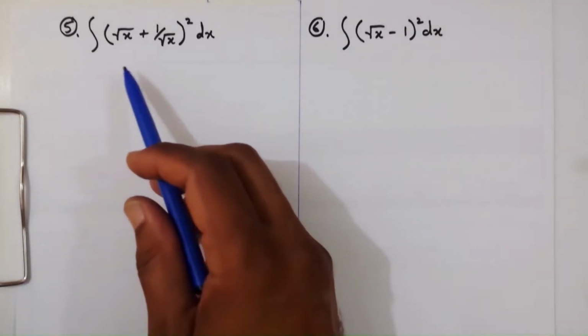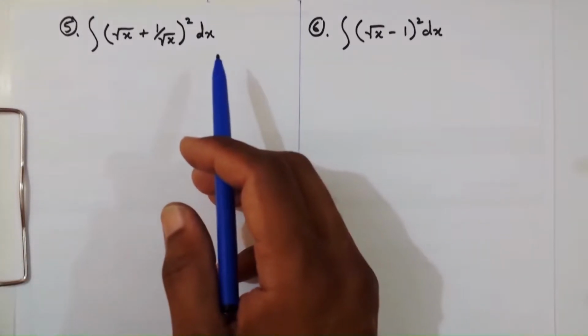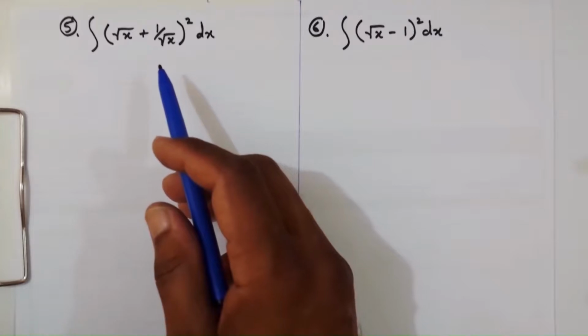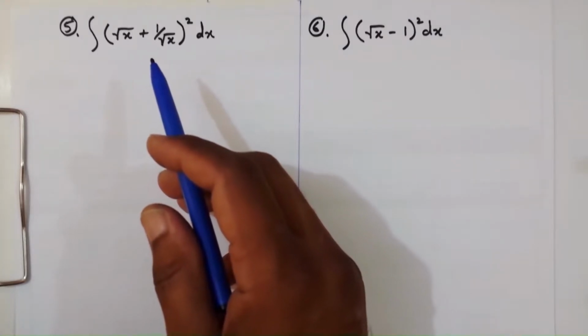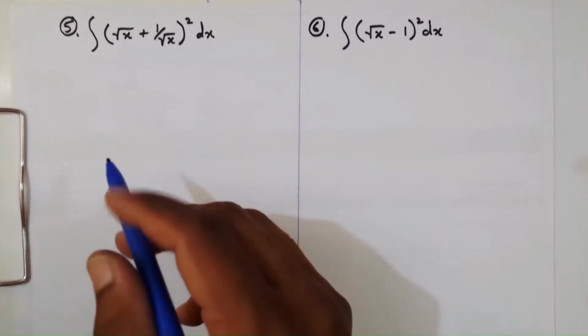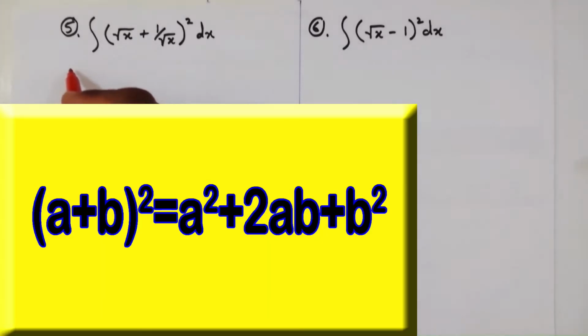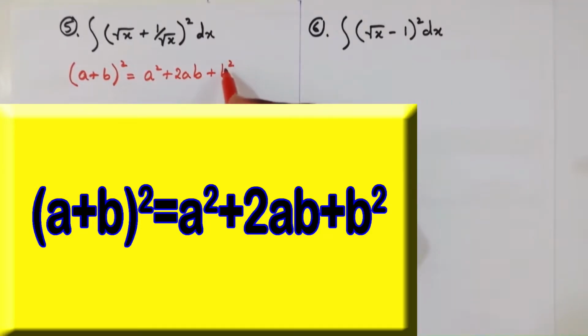Now in question number 5 and 6, we will simplify these questions, but in their simplification we have to apply the formula to expand these brackets. Now here I write the formula first. A plus b whole square will be equal to a square plus 2ab plus b square.